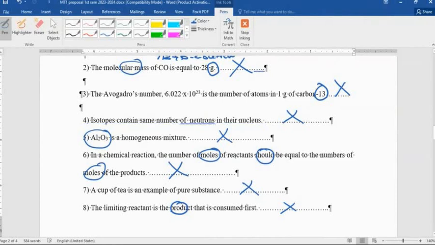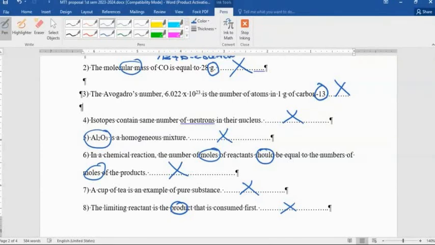How do I correct this answer? The limiting reactant is the reactant that is consumed completely, or is consumed first, or is used up completely, or is used up firstly. So you see, I give you so many definitions for the limiting reactant, just to be sure that reading the question is easy.